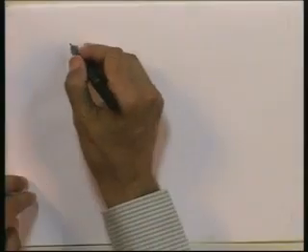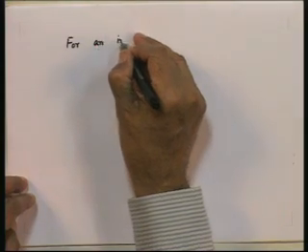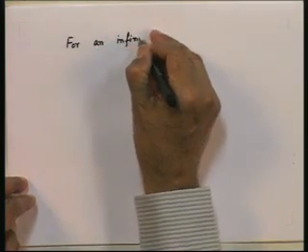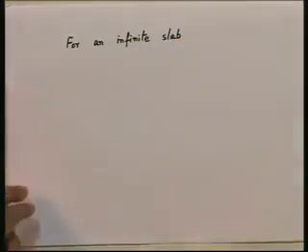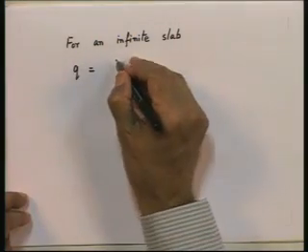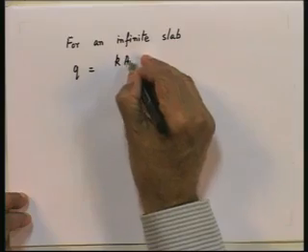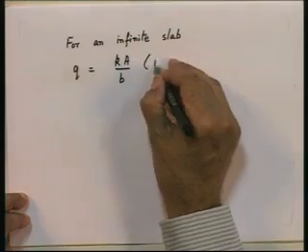Now, immediately I can go back and see the case of the infinite slab. Look at the expression for heat flow rate. For an infinite slab, what will be the thermal resistance? With this definition, for an infinite slab, we have just derived the expression Q is equal to K A by B into T 1 minus T 2. If you go back in your notes, you will see it.